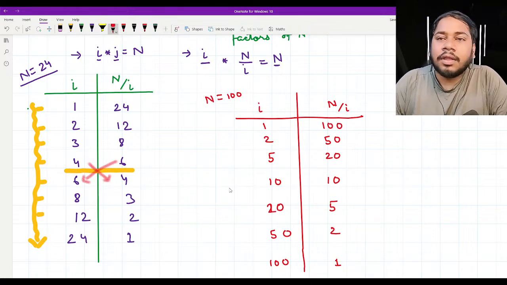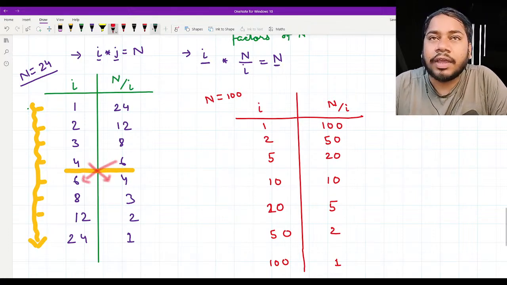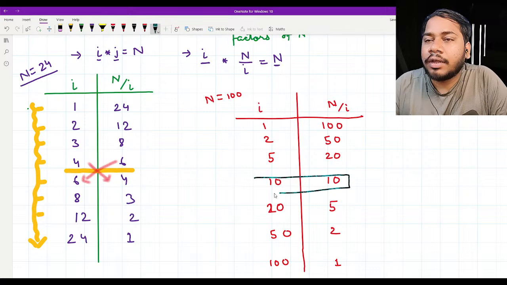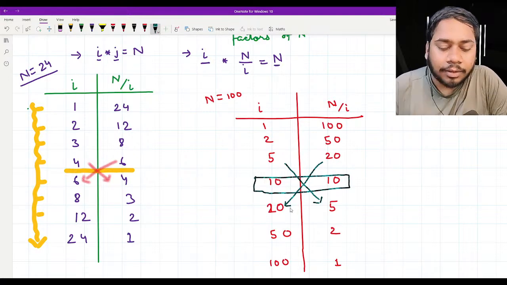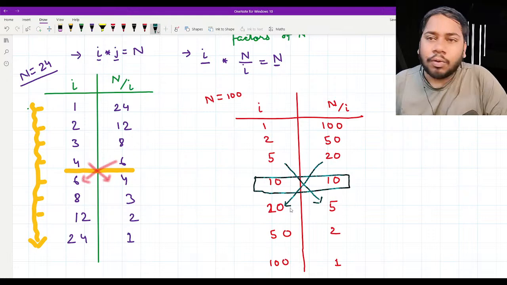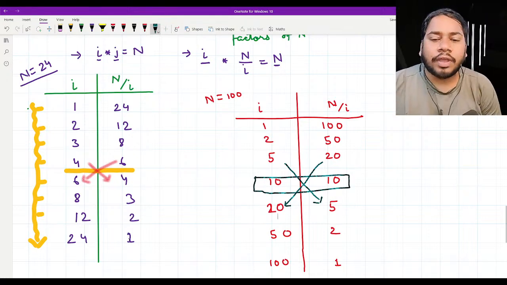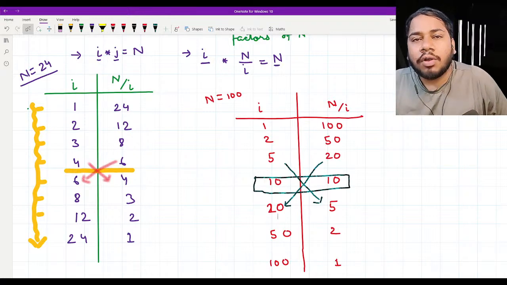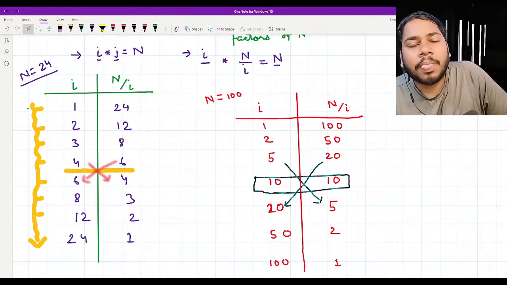Same is the case here as well. After this particular point, this factor came here and this came here.